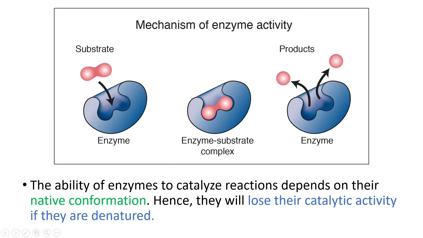So, if they lose this native conformation, they also lose their catalytic activity. In other words, if the protein is denatured, it will lose its ability to speed up chemical reactions. That is what they are supposed to be doing. That is why it is very important that their native conformation should remain untouched.